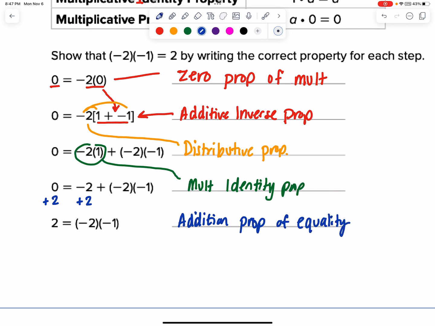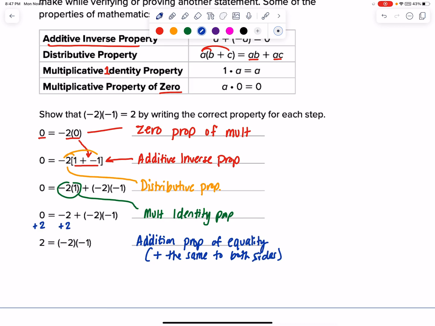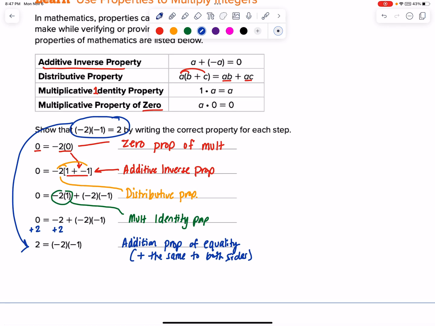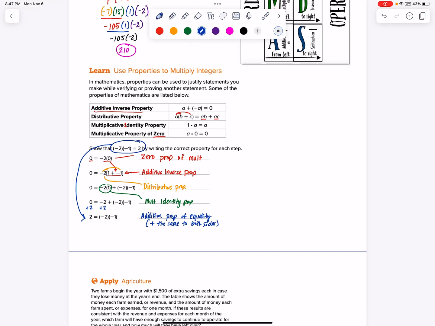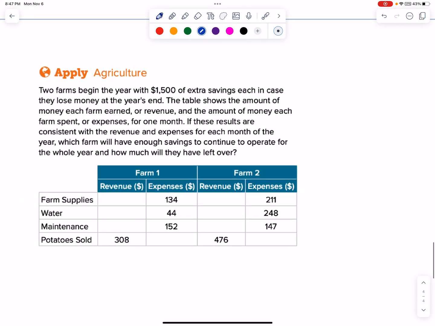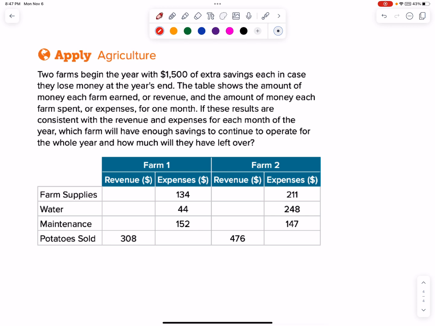And that just says you can add the same to both sides, and everything will still be the same. Okay, and so you end up showing that this is true. You can see down here by working through those different properties to get to that point. Okay, so I just wanted to expose you to that. Don't worry about that too much for right now. All right, let's go ahead and take a look at your apply and move on to your practice then.